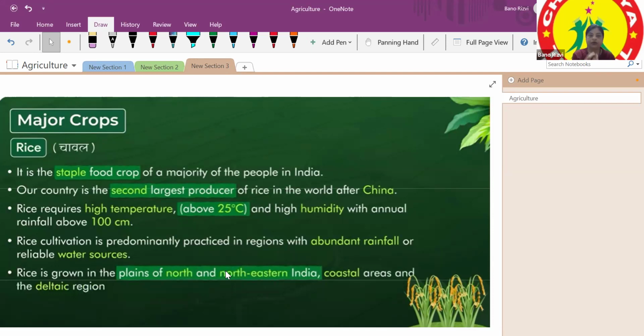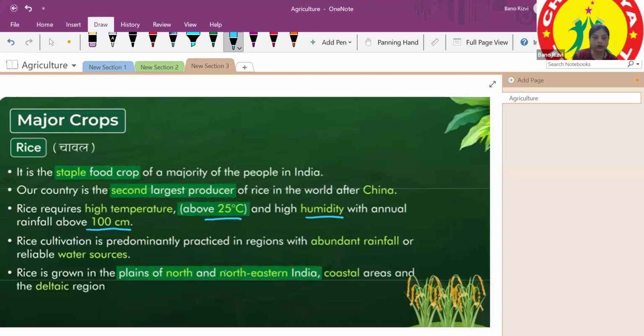Rice requires high temperature, that is 25 degrees centigrade, and high humidity with annual rainfall of 100 centimeters. Whenever we compare crops, we talk about the temperature, the humidity level, and the rainfall.